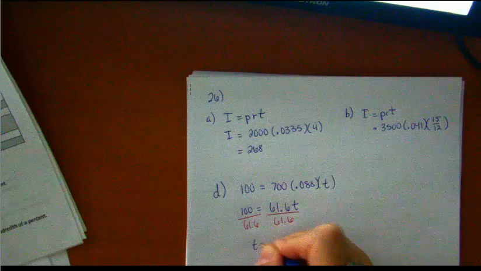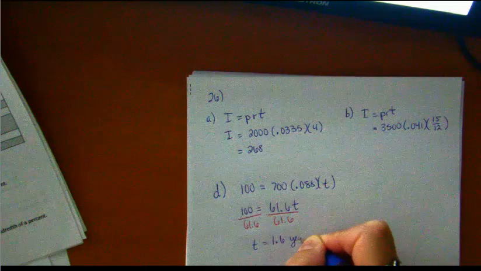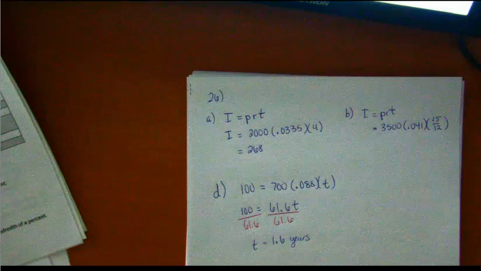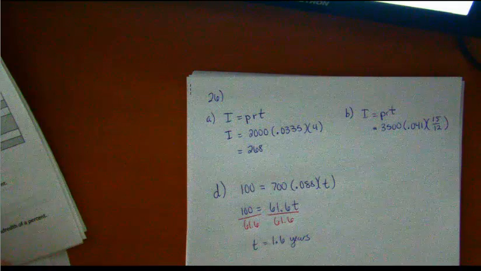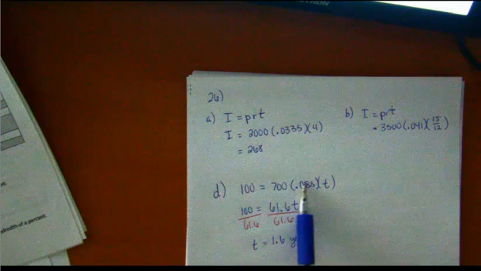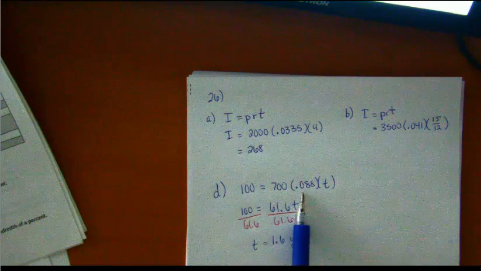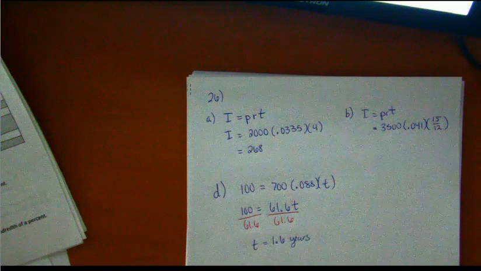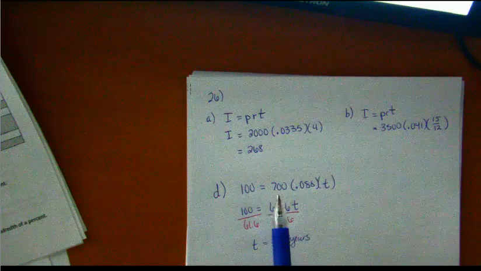So T would be 1.6 years. And then like for F, you don't have R. You have P and T, so you'd solve for R. And then on G, you have R and T, but you don't have P.